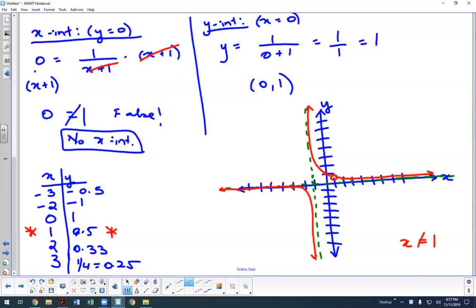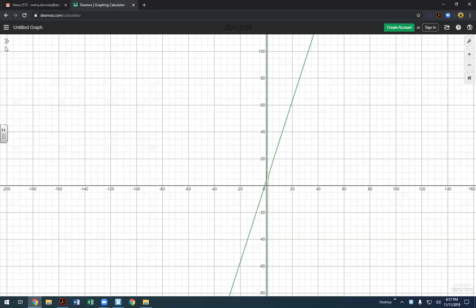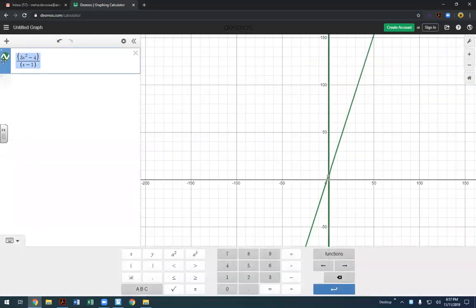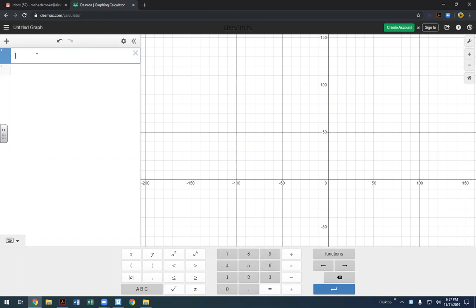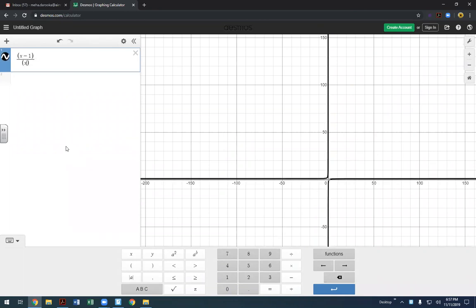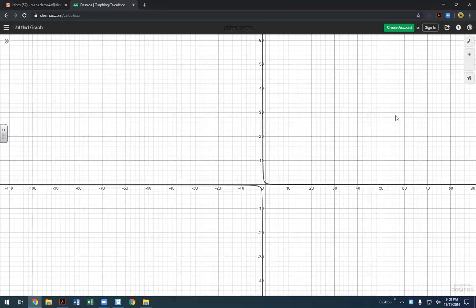Okay. Now the problem with this function is if you graph it on a graphing calculator, it does not show you that skip at x = 1 where our domain is undefined. So this guy was (x - 1)/(x² - 1).